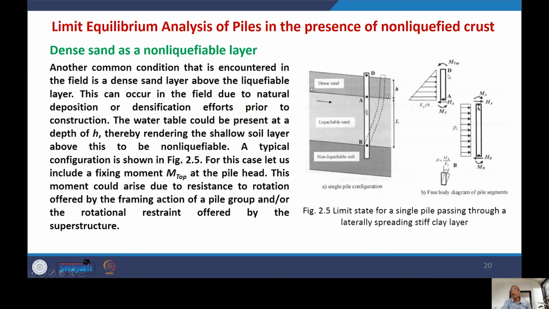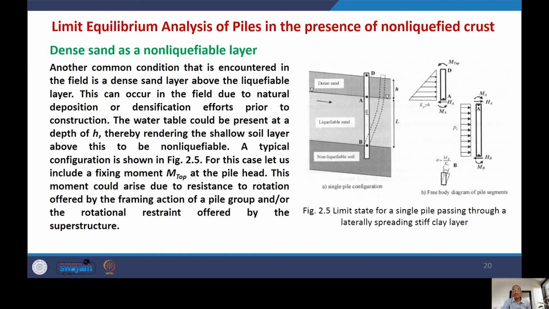M top is the fixing moment applied at the top of the pile. This moment could arise due to resistance to rotation offered by framing action of the pile group or the rotational resistance offered by the superstructure. So this was the case.